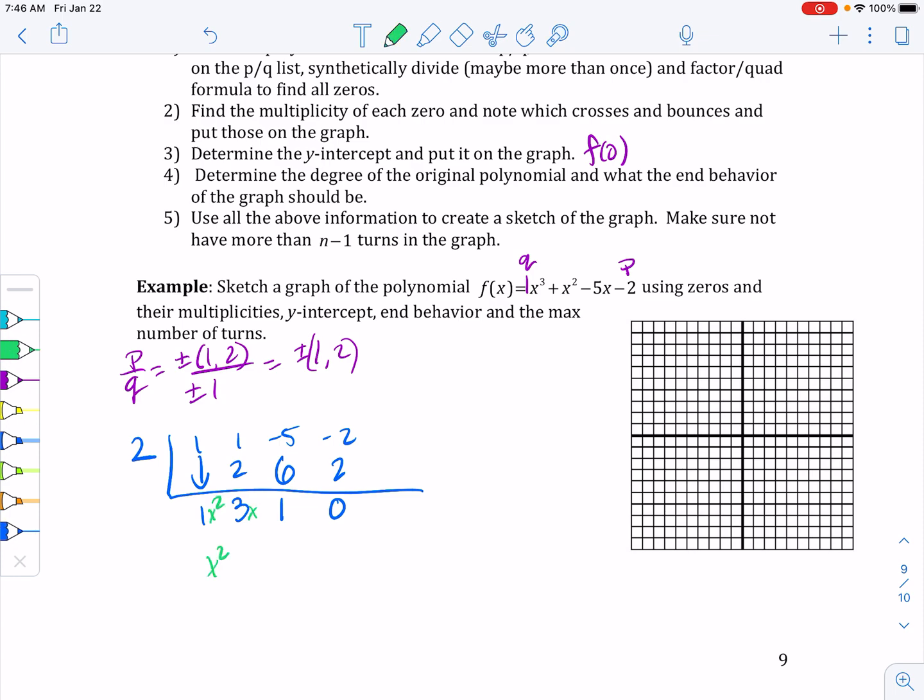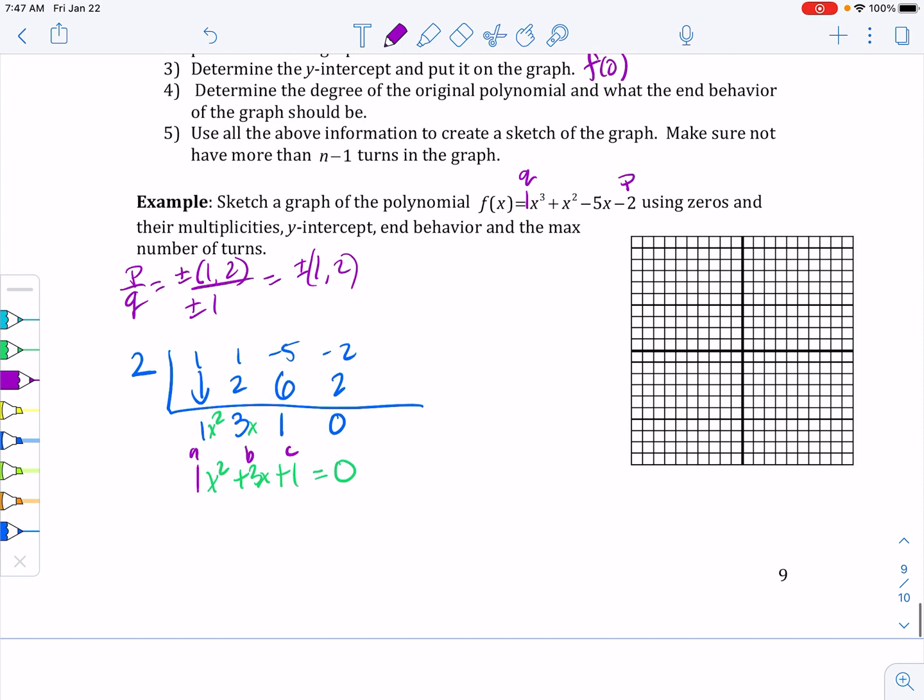So if I'm looking to find the rest of my x-intercepts, I can see, okay, can I factor this one, which I can't, because I can't multiply to 1 and add to 3, so now I have to use the quadratic formula. Remember, our quadratic formula is x equals, if you don't know this, you should memorize it, x equals negative b plus or minus the square root of b squared minus 4ac all over 2a.